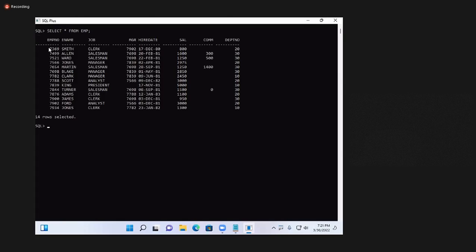This is our table information. From this table, I want to fetch the information whose name starts with the S character.